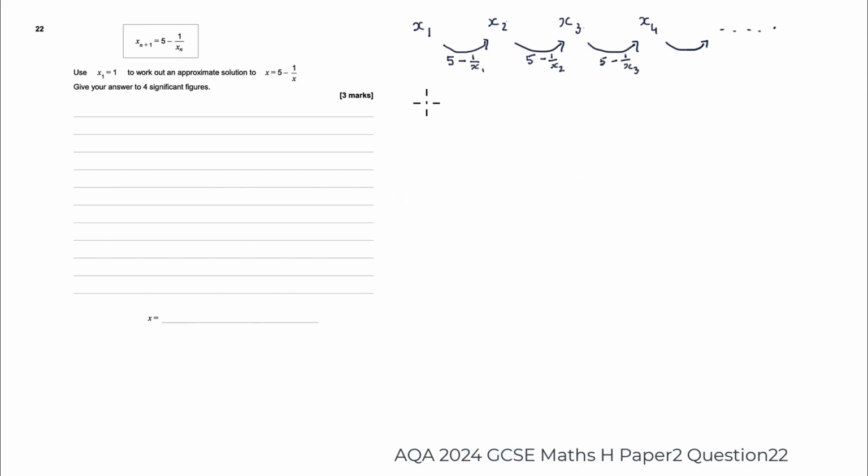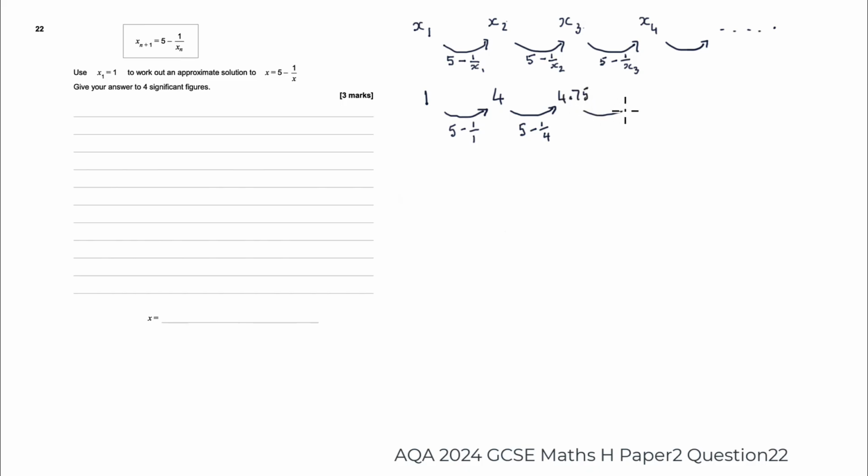So we start with a 1. The calculation we make is 5 minus 1 over 1. Well, that's 5 minus 1, which is 4. And we continue. The calculation we do now is 5 minus 1 over 4. 5 minus a quarter, that's 4 3/4, 4.75.